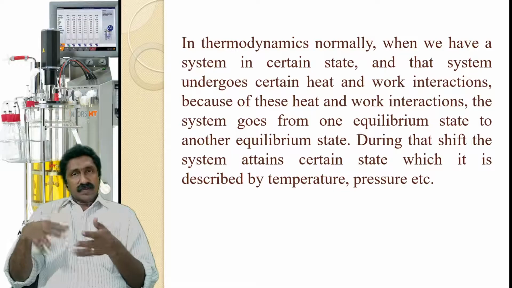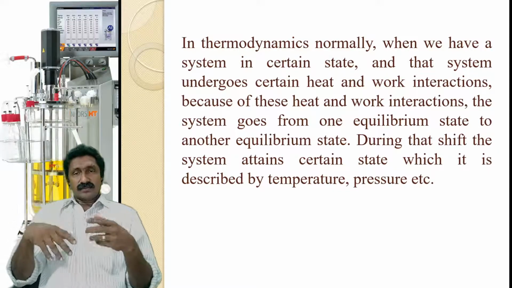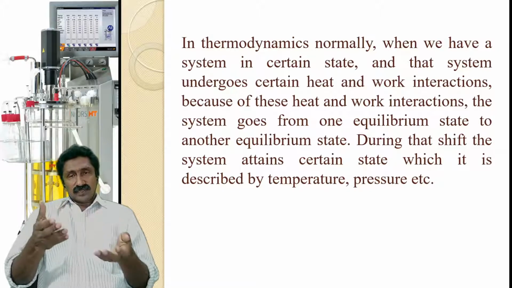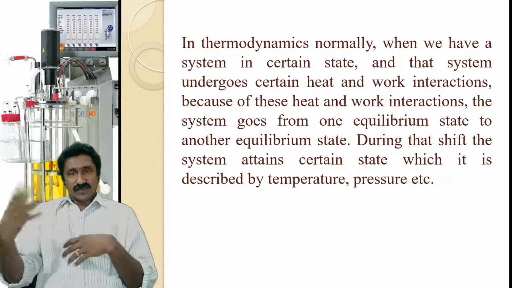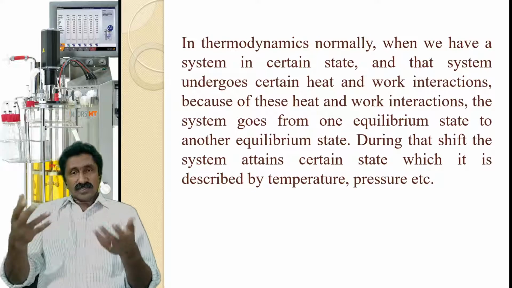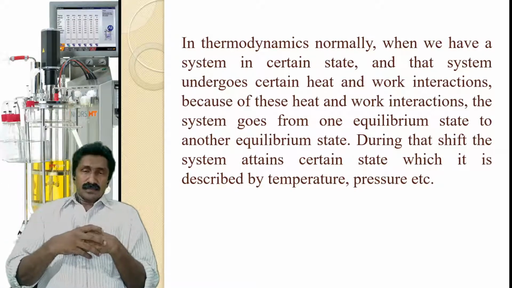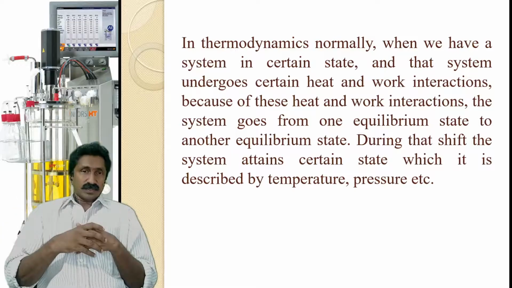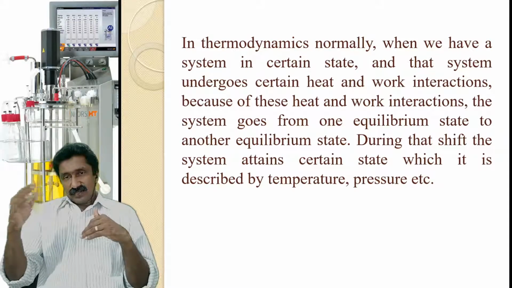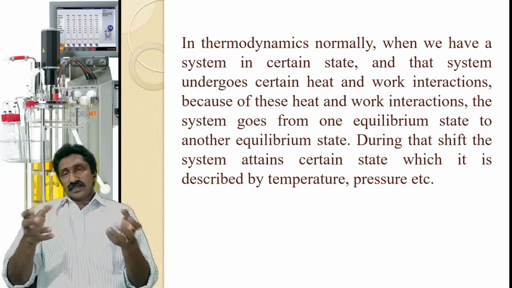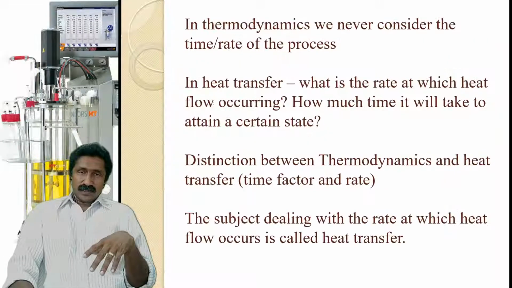For example, water at 25 or 30 degrees Celsius, after heating in the autoclave, may reach 110 degrees Celsius with 110 lb pressure or something. That difference is made by interaction with heat under different forms of work.